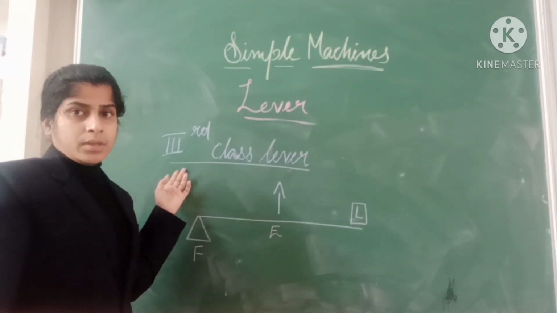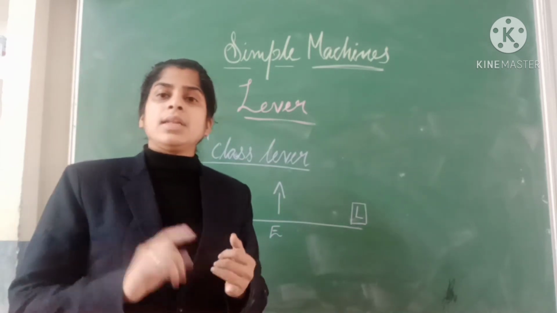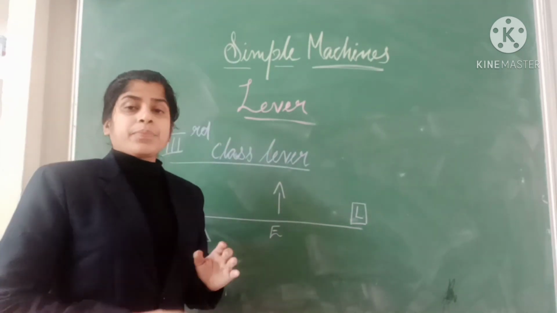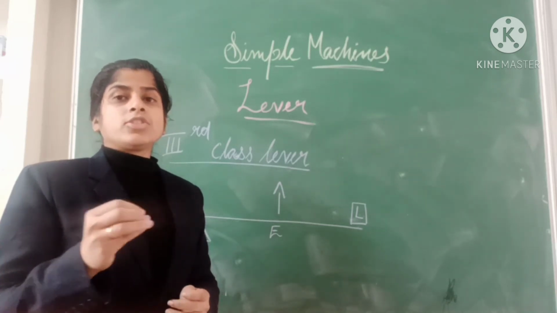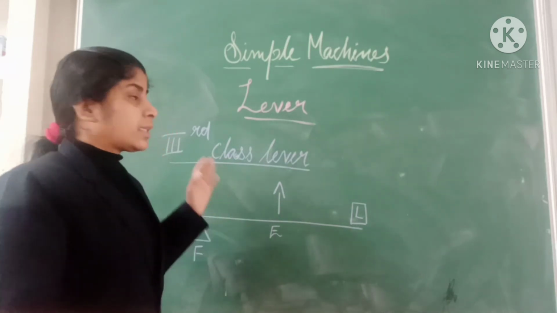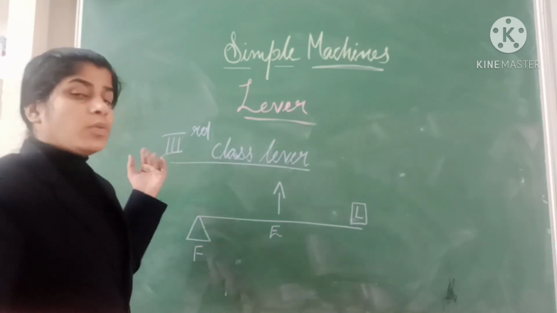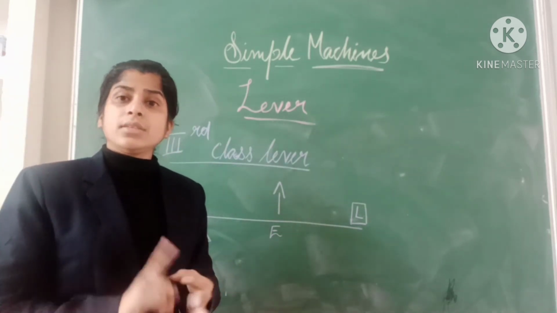Once again, the lever is a simple machine, a long rigid bar, and there are three types: first class, second class and third class lever.